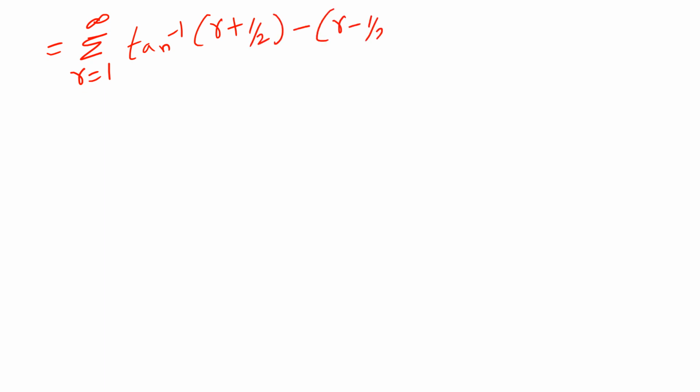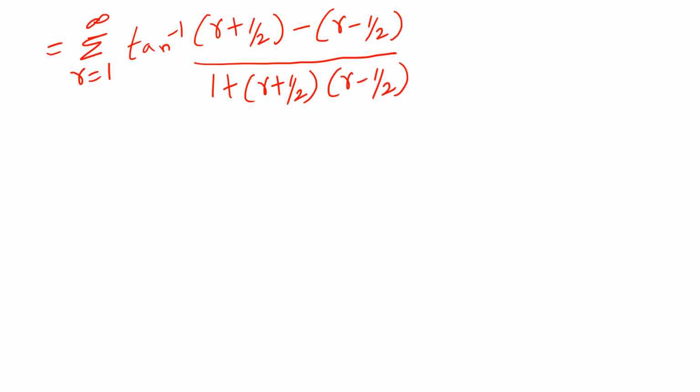Now students, this series can further be written as summation r varying from 1 to infinity tan inverse of, now the numerator is 1, which can be written as (r plus half) minus (r minus half). In the denominator we have 1 plus (r plus half) into (r minus half).